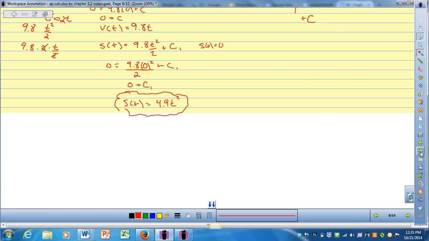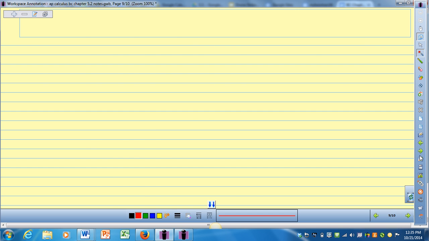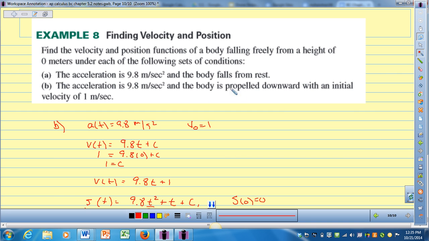We have one last example, part B of this problem, which says the acceleration again is 9.8 meters per second squared, and the body is propelled downward with an initial velocity of 1 meter per second. So that's what has changed. My initial condition is not 0 this time, but it is 1.